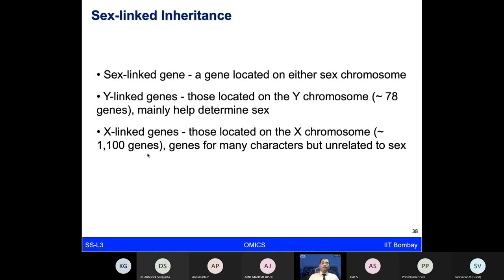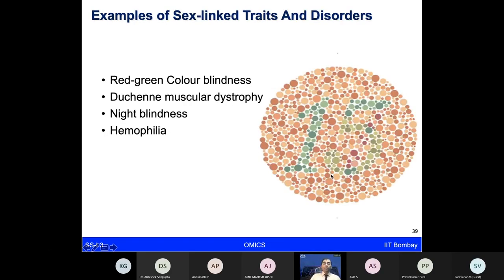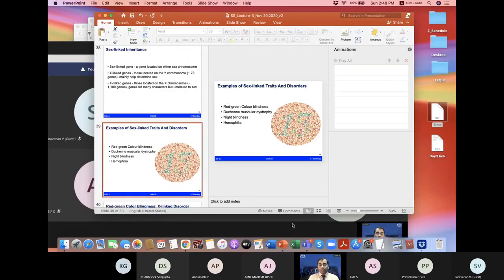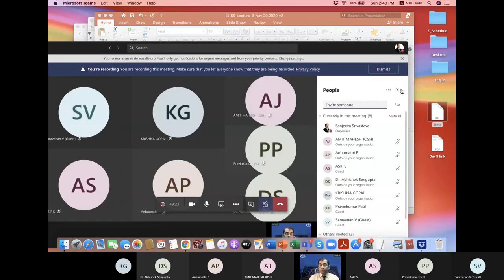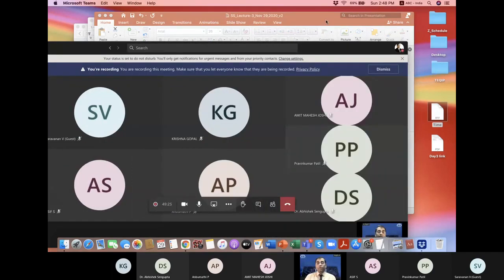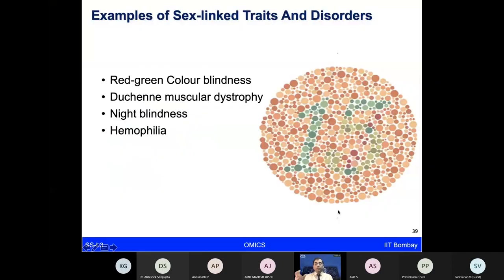These genes carry different characteristics, and some of those are very important in our day-to-day life. Some people have red-green color blindness, or show Duchenne muscular dystrophy, night blindness, or hemophilia. Many of these characteristics are linked to genes on different chromosomes.